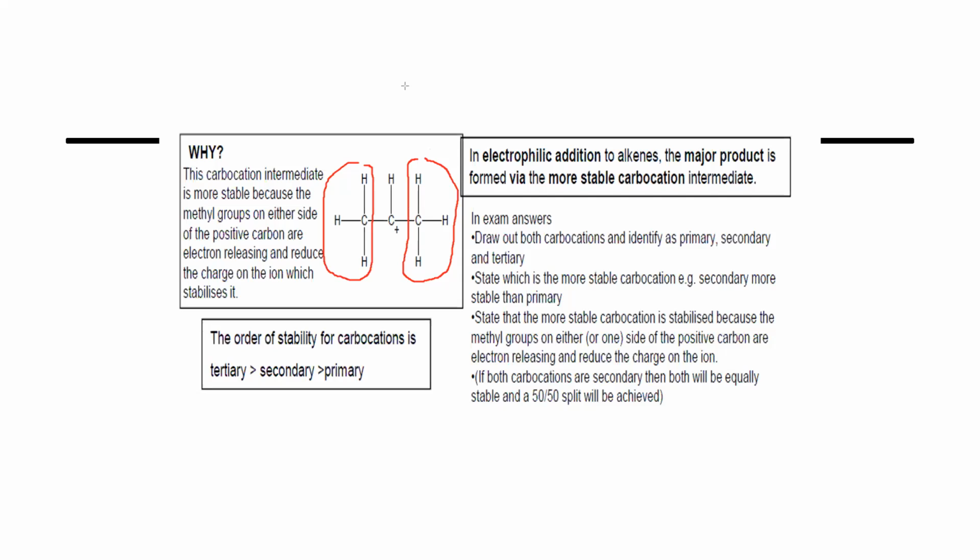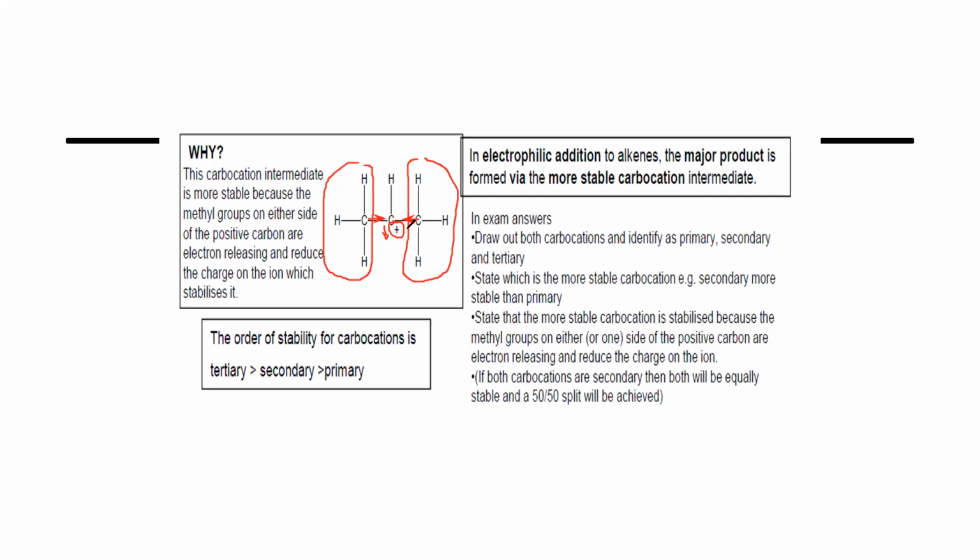Because these alkyl groups are known as electron releasing groups, because carbon does not have a greater tendency to attract the electron, so instead of taking the electron, they tend to give the electron. So when these two carbon chains give their electron to this carbon, the overall positive charge will decrease.